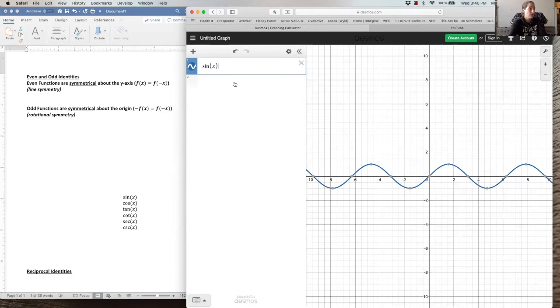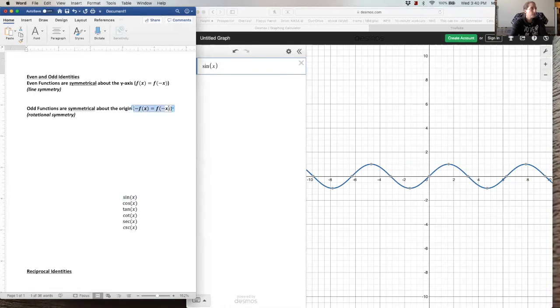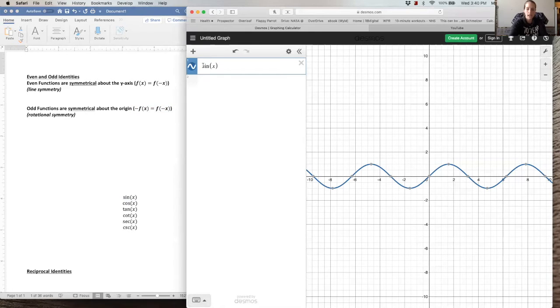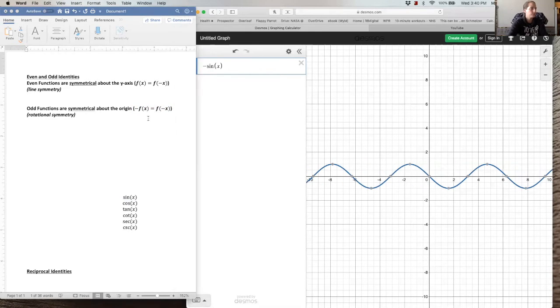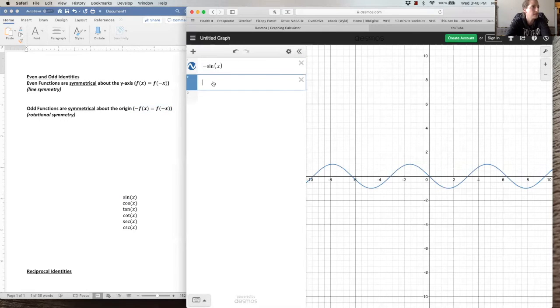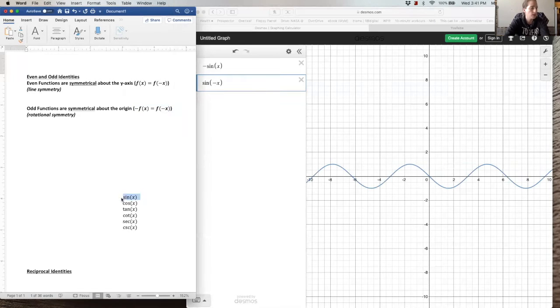But if we really want to check, we can use this. This says that negative sine of x should look the same as sine of negative x. And Desmos shows us that those two functions are exactly the same. So our sine function is odd. We're going to put it under our odd functions.